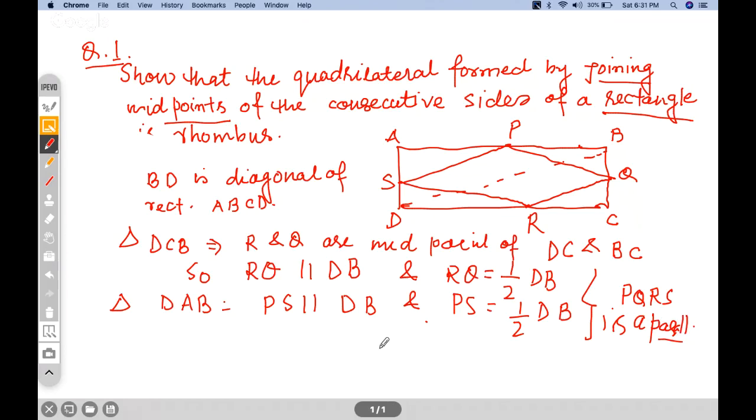Now, if PQRS is a parallelogram, I need to prove that all sides are equal. So what I will do is, I know that opposite sides are equal in rectangles. So I can write that AD is equal to BC. So half of AD is equal to half of BC.